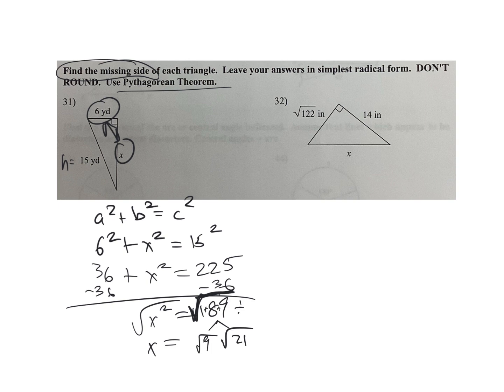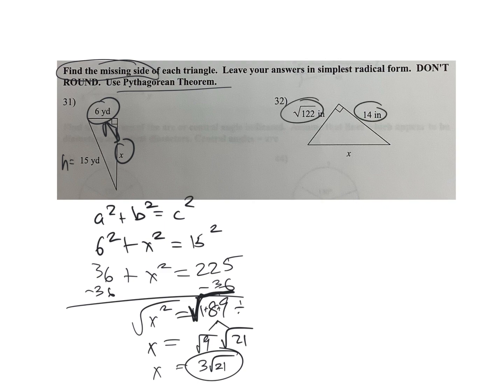So 21 doesn't break down any further to something that you can take a square root of. So yeah, it breaks down into 3 and 7, but you can't take the square root of those. Okay? Just practicing those numbers.